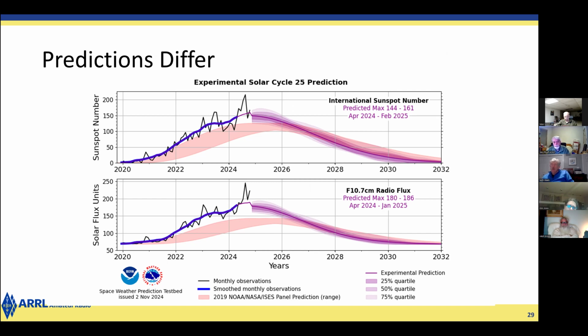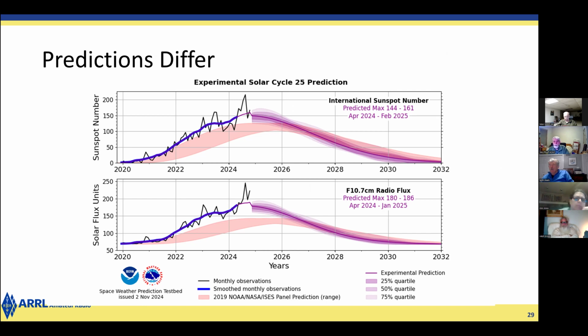Back during the last solar cycle, the activity didn't get very high. I also want to point out that the bottom graph is solar flux, and that is measured at 10.7 centimeter wavelength, or I think that's 2800 megahertz, because the solar flux at 10.7 centimeter wavelength correlates very well with ultraviolet radiation getting to the Earth.